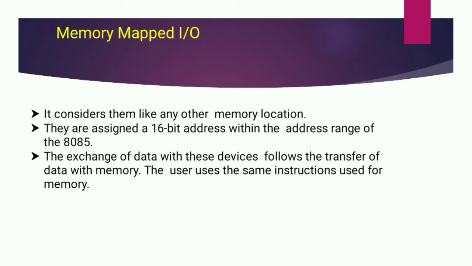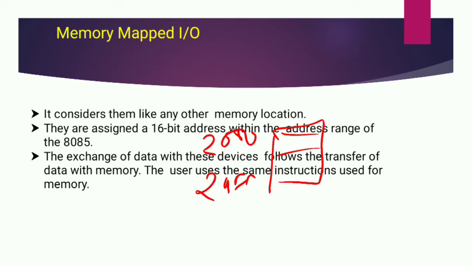Suppose that memory locations are assigned the addresses 2000 to 24FF. One address is assigned to each memory location. Any one of these addresses cannot be assigned to an I/O device. The addresses for I/O devices are different from the addresses which have been assigned to memories.